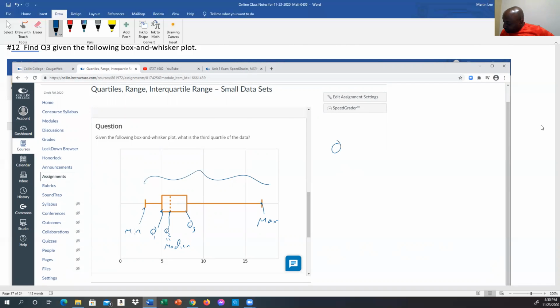So Q3, my third quartile, draw a little dotted line. Is going to be some number between 5 and 10, some number closer to 10.